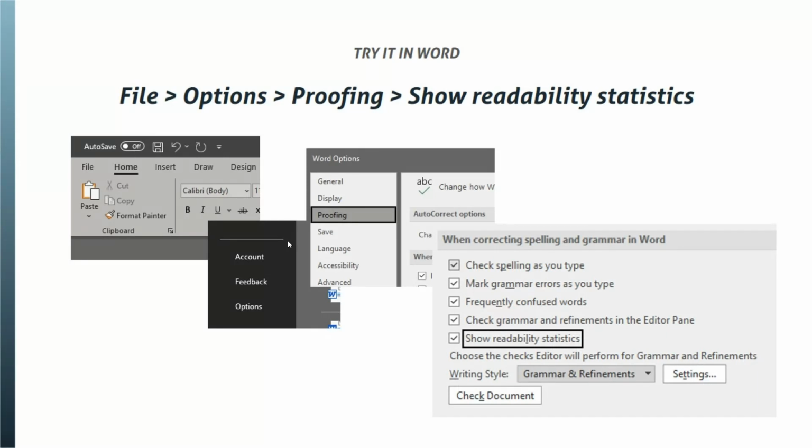If you are in Word or if you throw anything in Word, you can go into File and go to Proofing, and every time that you run a spell check, you can actually look at readability statistics, and the readability statistics will tell you the grade level that you're writing at, right?